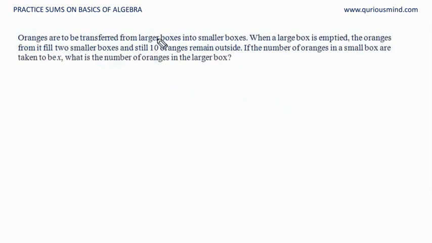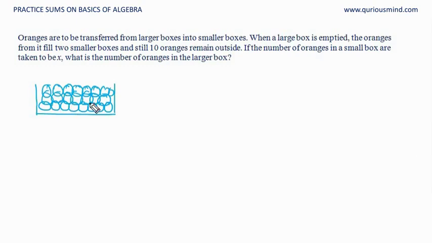Oranges are to be transferred from larger boxes into smaller boxes. When a large box is emptied, the oranges from it fill 2 smaller boxes and still 10 oranges remain outside. If the number of oranges in a small box is taken to be X, what is the number of oranges in the large box? Okay, so we had this large box and there were some oranges in it.